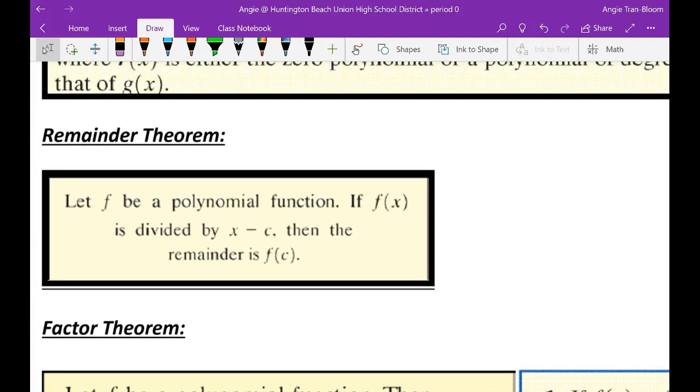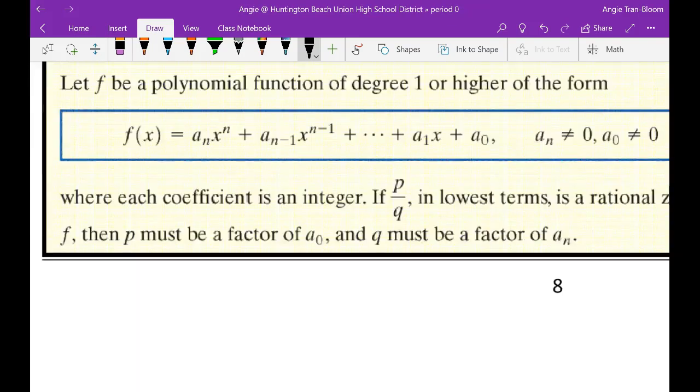If f of x is divided by x minus c, then the remainder is f of c. So what does that really mean? It means that if we're dividing by that factor, that's the same thing as just plugging in a c value in the function itself.